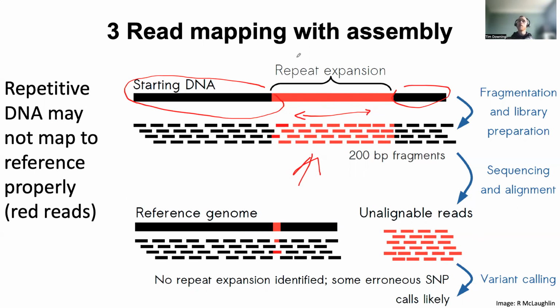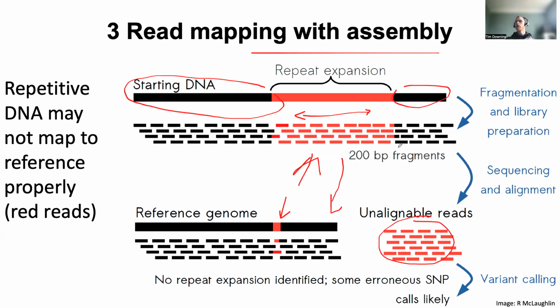We need long reads, preferably ones that span this black to black region. So what we'll get if we try to de novo assemble those reads is a resolution of something like this. It'll be a very short segment because our reads are comparatively short, and we'll get leftover reads. And those leftover reads can be informative because we can find out what was inside here, that they didn't align properly, didn't align uniquely.